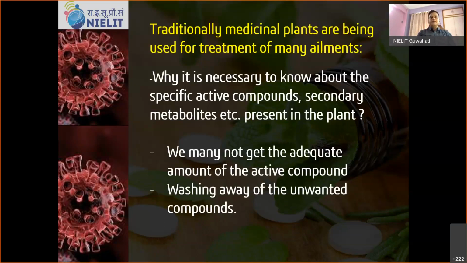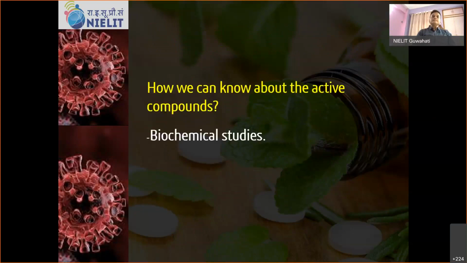So we can have a better understanding of their active principles, and we may not get an adequate amount of the active compound while having tea the way we are having it. There is a chance of washing away the unwanted compounds and zooming down to the wanted or active compounds.